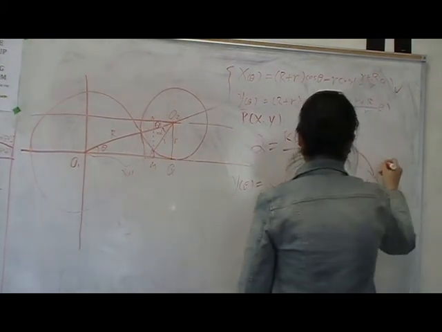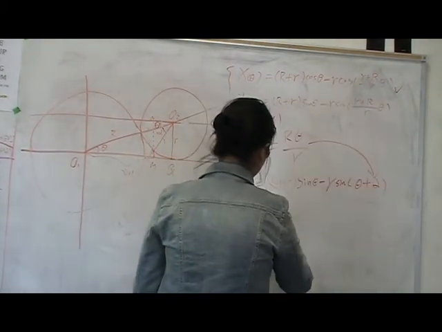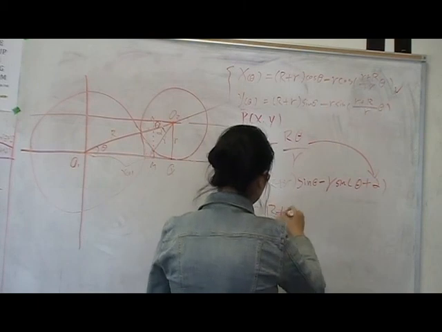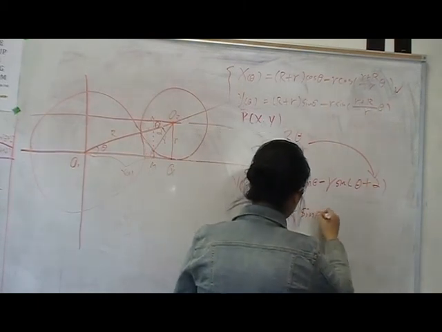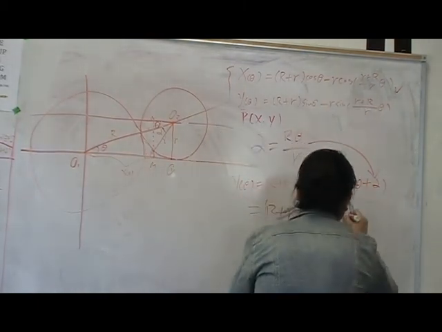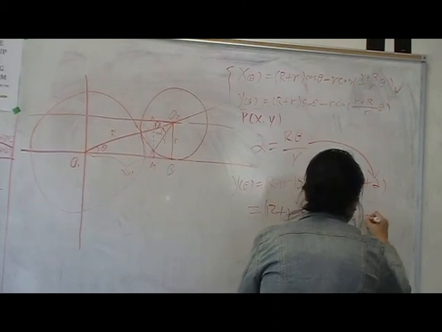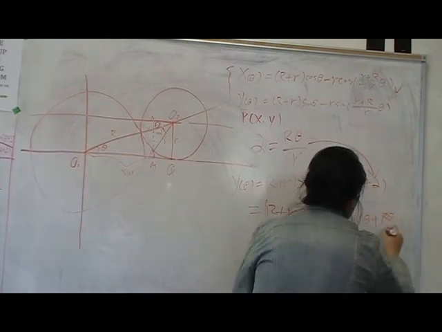We plug in here, and we got big R plus small r times sine theta minus r sine of theta plus R theta over r.